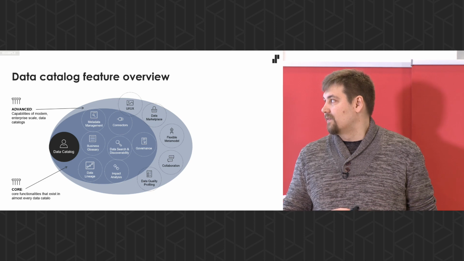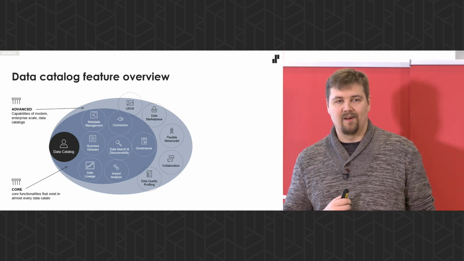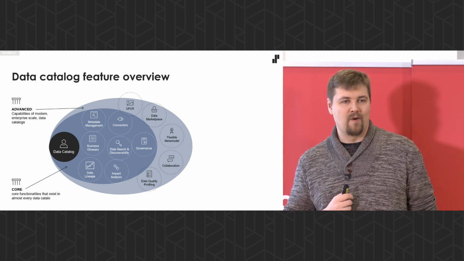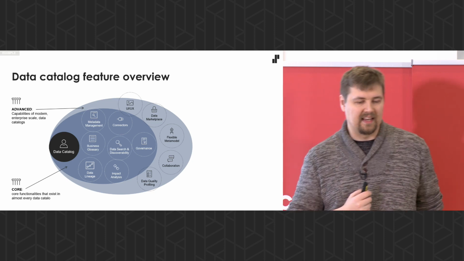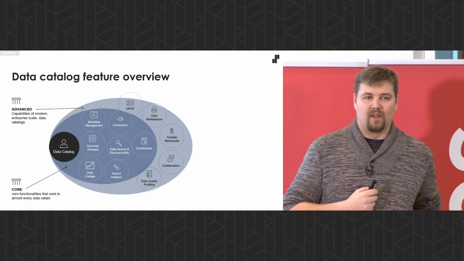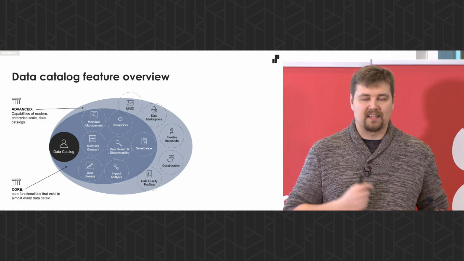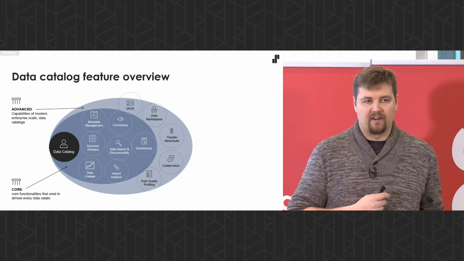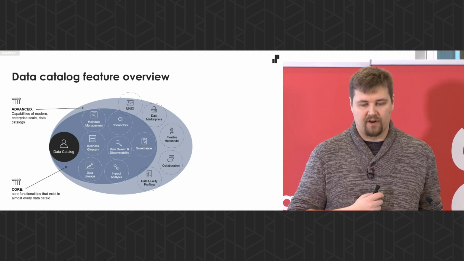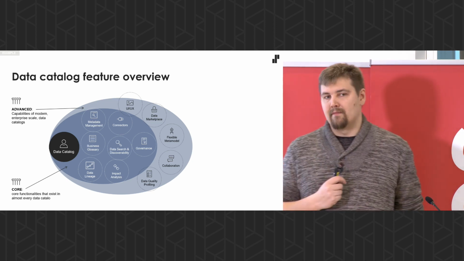Then the marketplace, that's something that is also popping up more and more when it comes to this data product thinking. So being able to actually connect this kind of marketplace to the catalog is an important feature now and in the near future, as well as this flexible meta model.